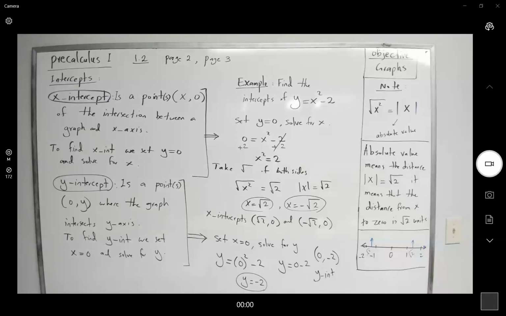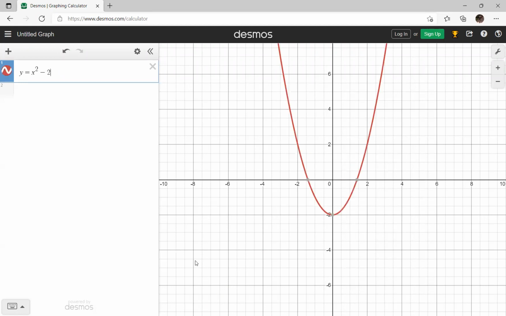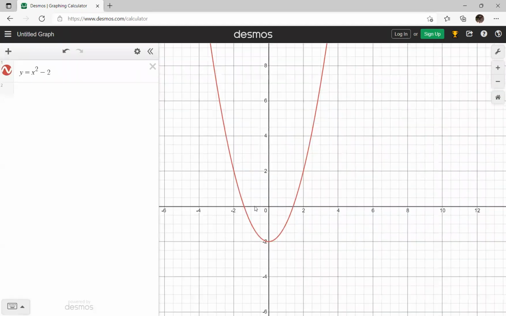And make sure that our intercepts are correct. So here you have y equals x squared minus 2. As you can see, you have two x-intercepts, 1, 2, and you have one y-intercept, which is just right here.